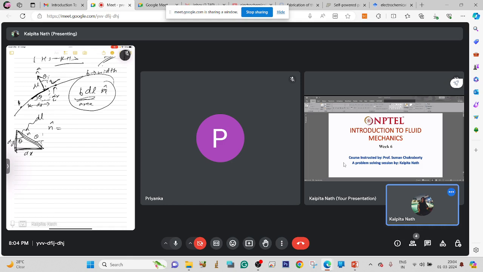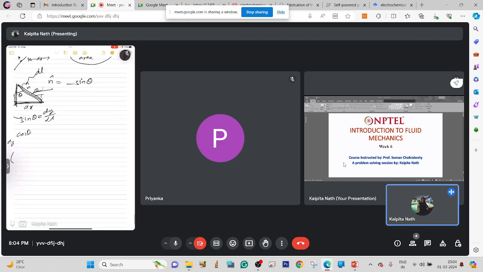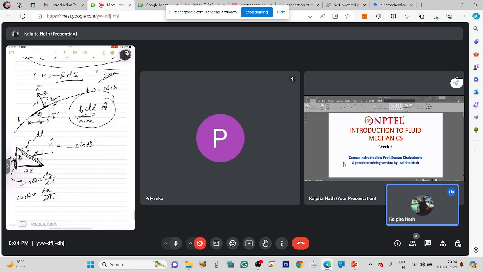So n cap is equal to minus sine theta, where sine theta is equal to dy upon dl, and cos theta is equal to dx upon dl. So n cap will be minus sine theta i cap plus cos theta j cap.